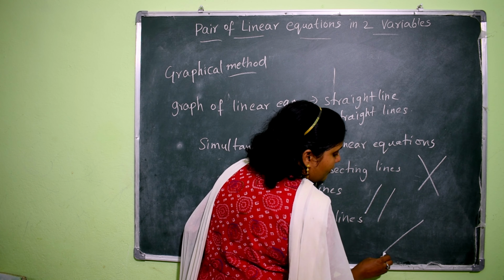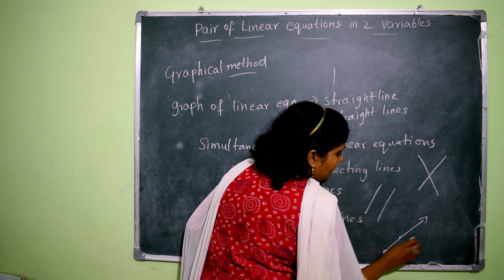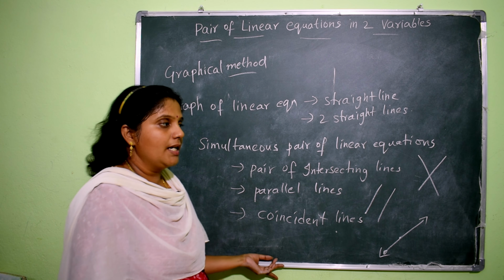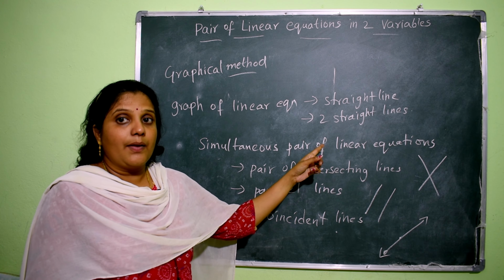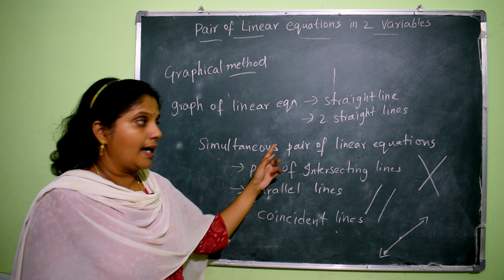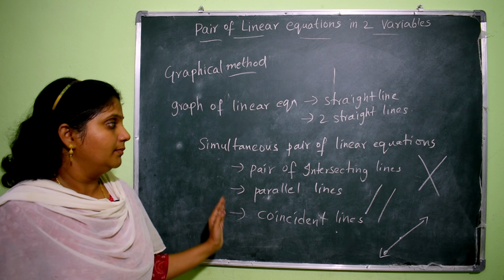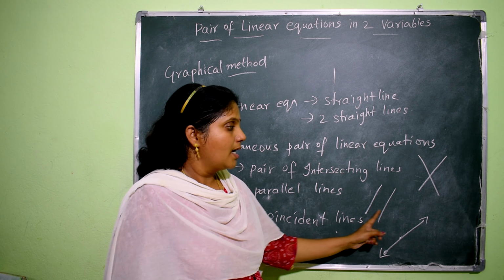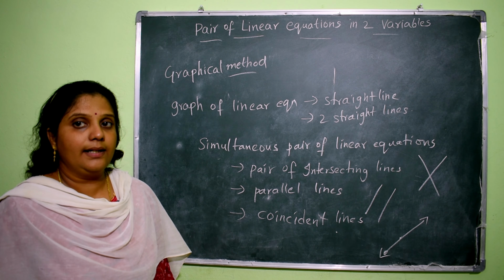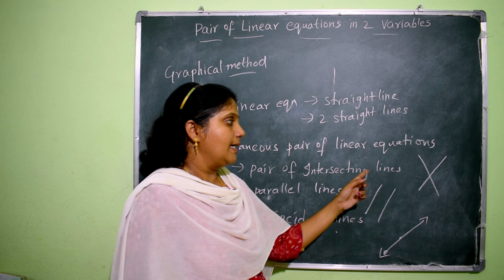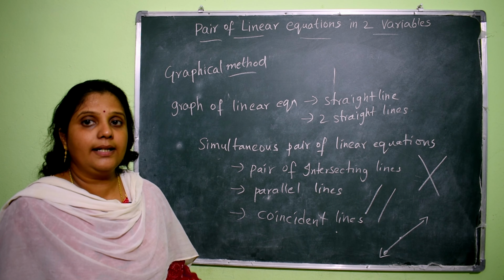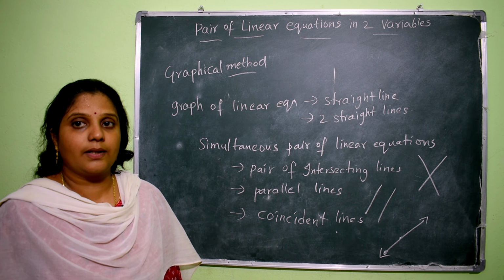So these two lines will coincide with each other. Means, in the straight line only these forms will come, that is pair of intersecting lines, parallel lines and coincident lines. The straight line form representation can be a pair of intersecting lines, parallel lines and coincident lines. Okay, understood?